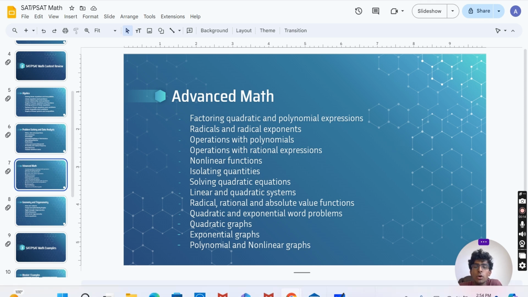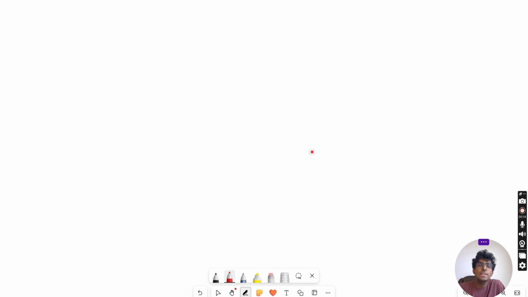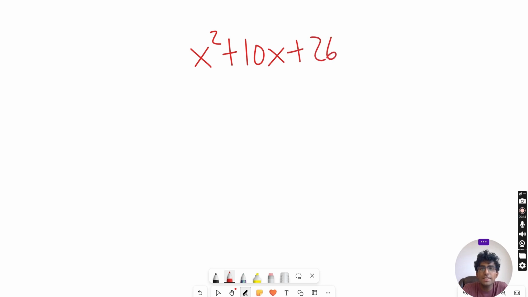All right, next topic is solving quadratic equations. So for solving quadratic equations, basically you will be given an equation, like let's say this, x squared plus 10x plus 26 equals 1, and you want to just solve for x, right? The easiest way to do these kinds of problems is try to get it in the form of a standard quadratic. So we want to basically have it equal to 0 on the right-hand side.